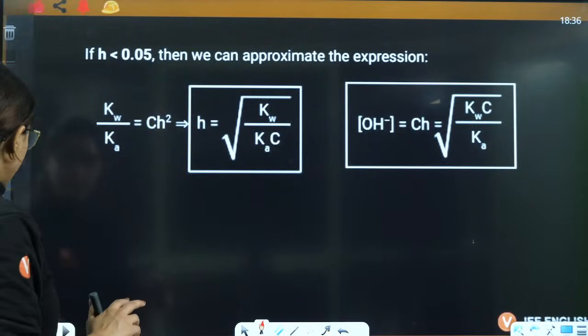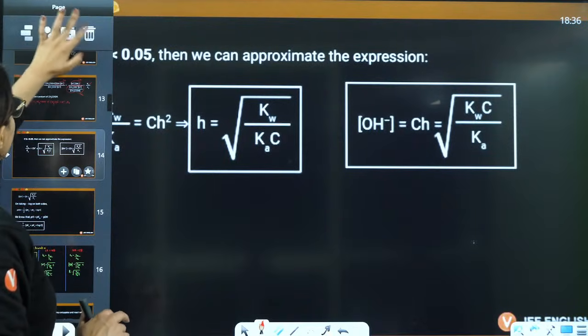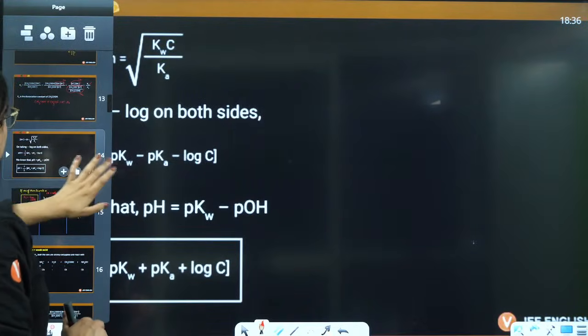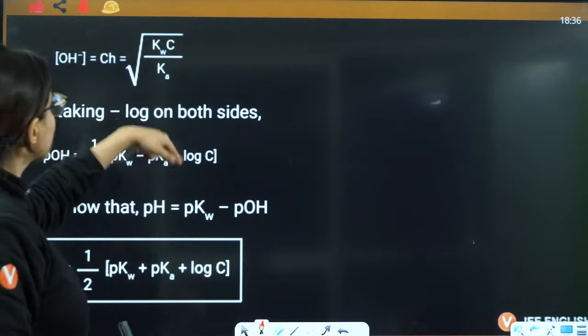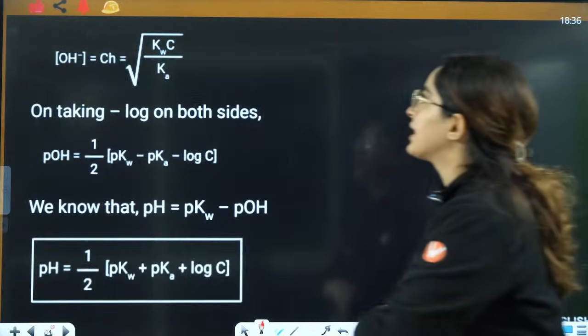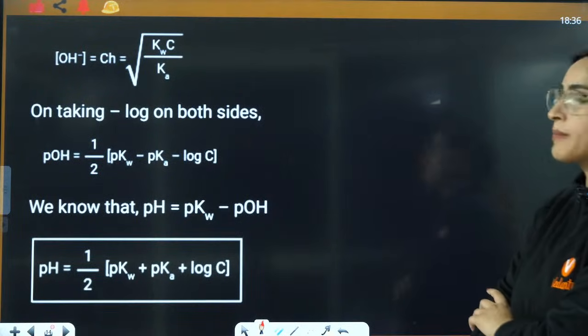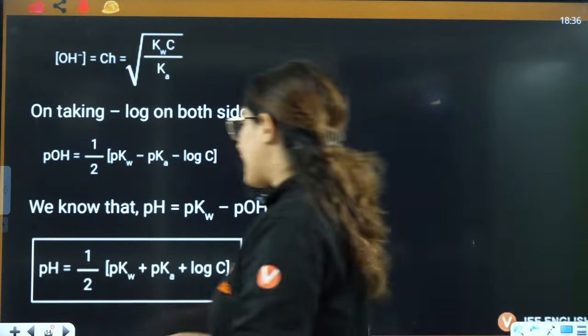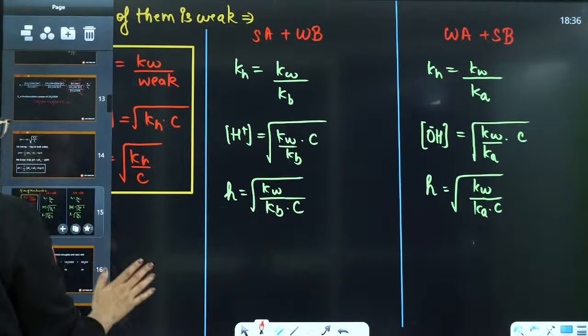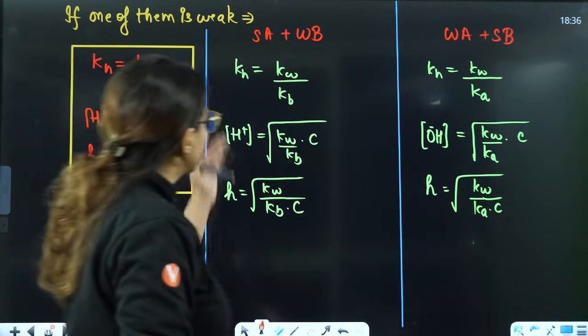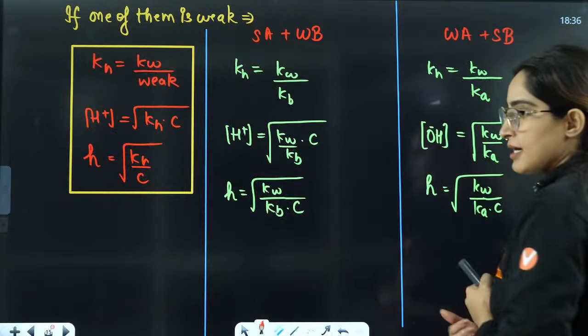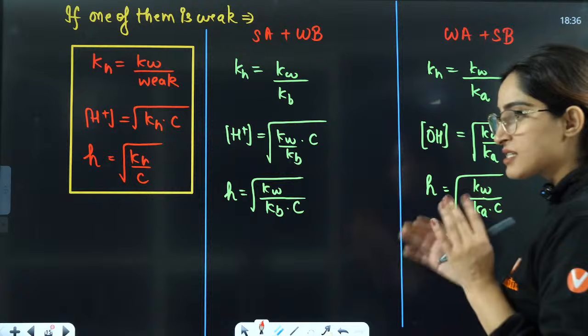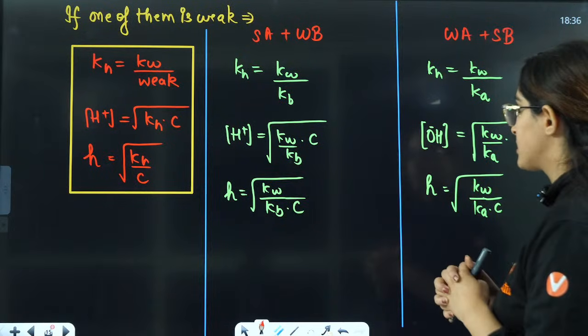You don't have to remember all these things here, right? Acha. Now OH is, we know that OH negative is Kw into C by Ka. Okay, that you can remember directly from this page. I am telling you just to learn this particular page here, right? The rest of the things I just told you for understanding purposes.